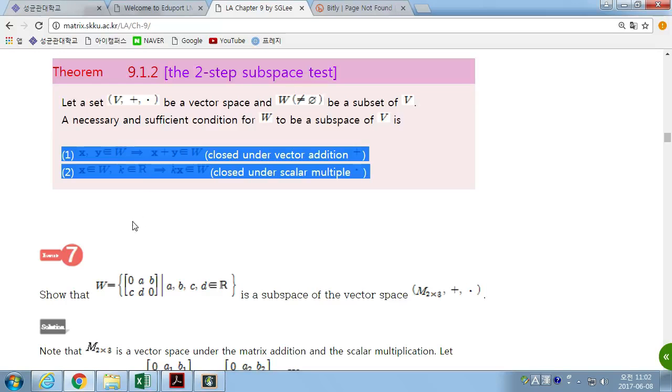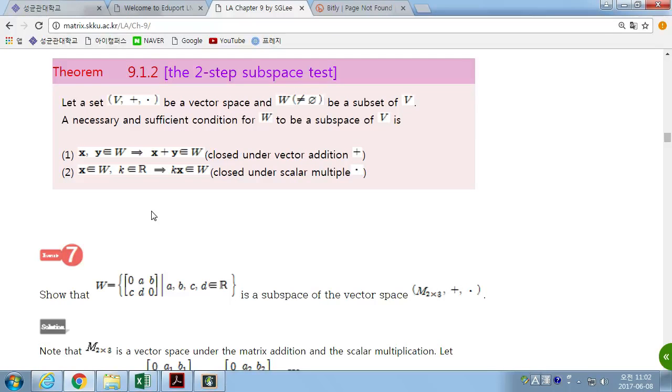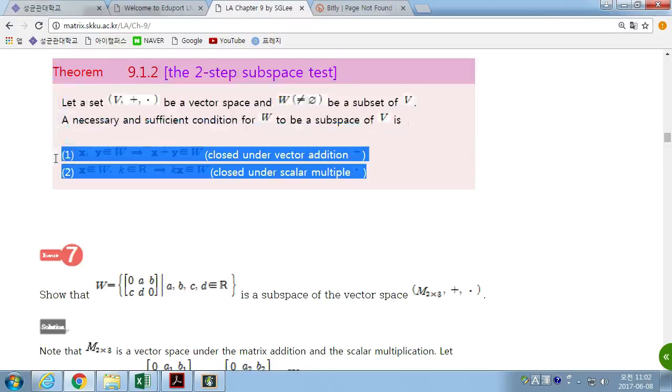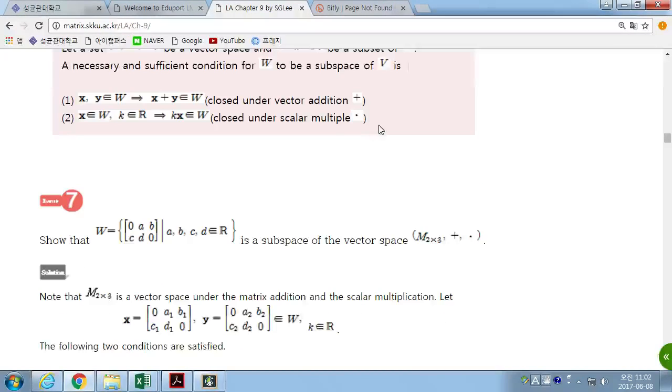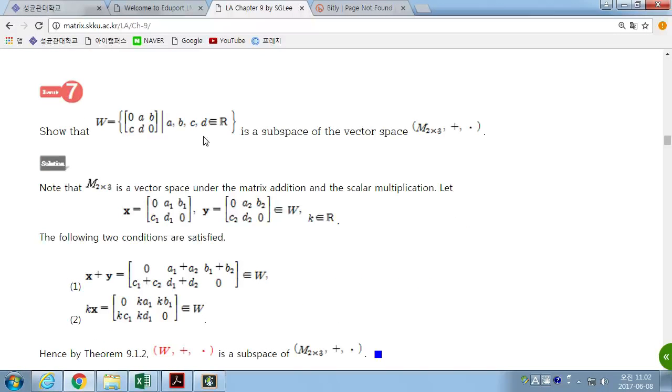We can derive the zero vector from here, we can derive the negative vector from here, and we can derive the identity for scalar multiplication from these two properties. Any other properties are true for all vectors in V, so they should be true for the vectors in W. Understand, Mr. Lee? Okay. So you know how to show whether a given subset is a subspace or not, easily, by using this two-step subspace test.